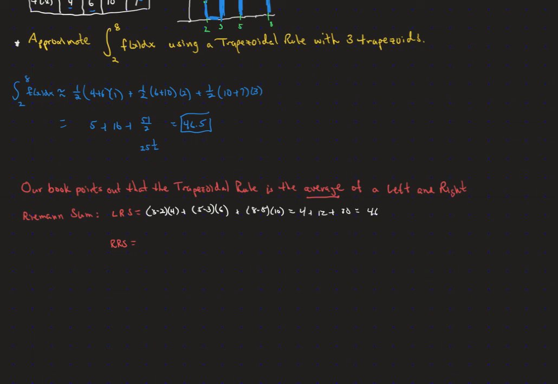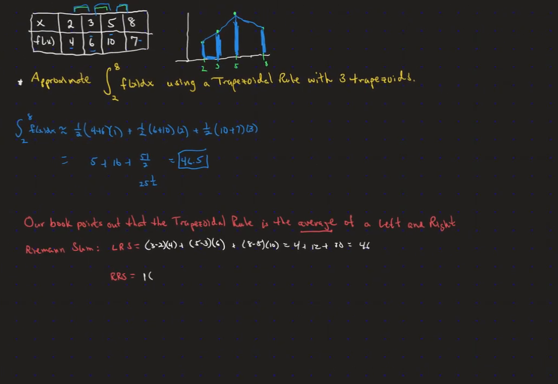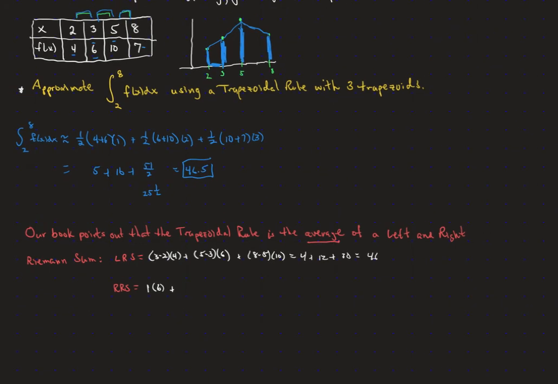The right Riemann sum, we're going to have the same delta x, so 3 minus 2 is 1, and the height is going to be that second value, which is the 6, and the second rectangle will be the 5 minus 3.